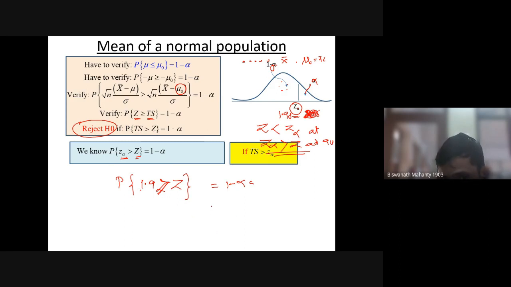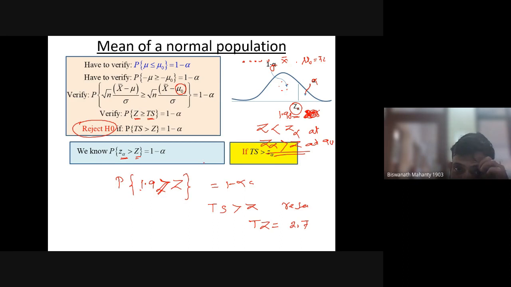If my ts value is greater than my z value, then I will reject. You understand, I have already done this. It is nothing new. Now, you calculate ts because you know x bar, you know mu, everything. So, for example, I find the ts value is, for example, 2.7.